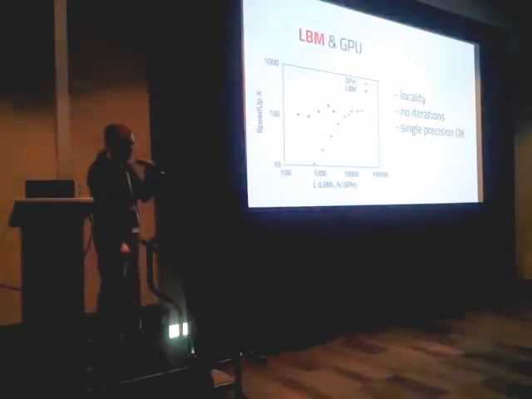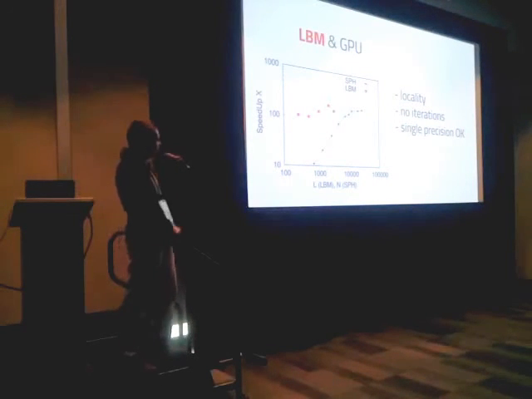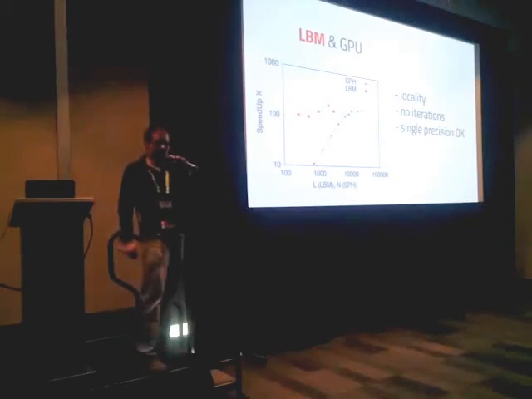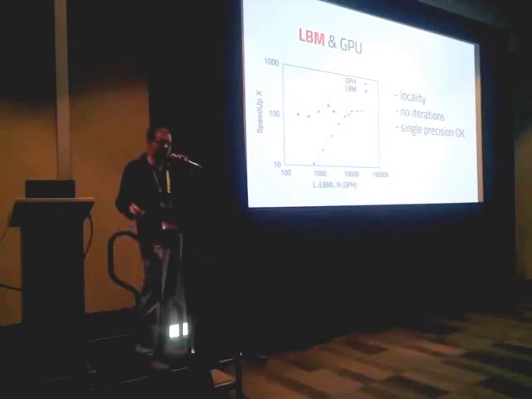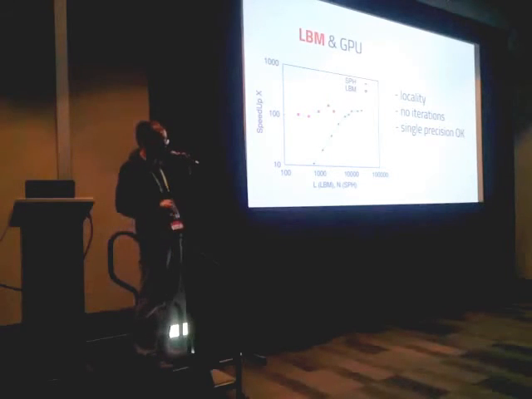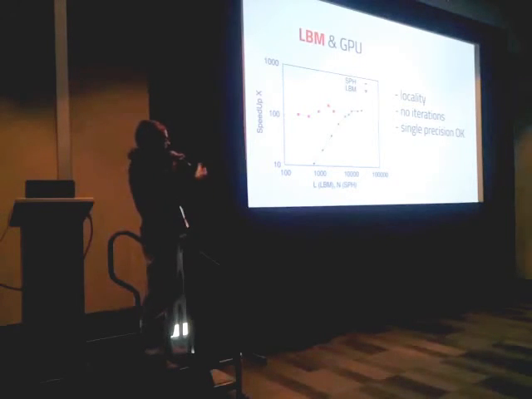And how about LBM and GPU? I repeated many times that these were not GPU. Lattice Boltzmann scales very well on GPU, and if you go to an LBM conference, you may be very happy, because there are many people mentioning and describing Lattice Boltzmann as a method that gives you nice speedups on GPUs.